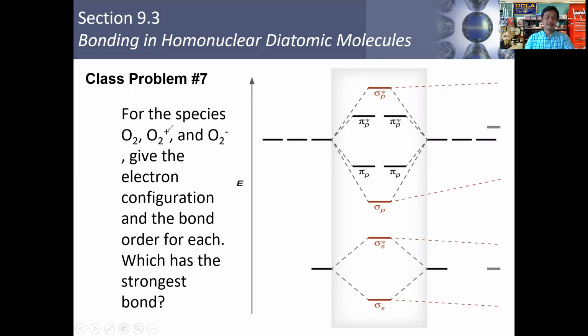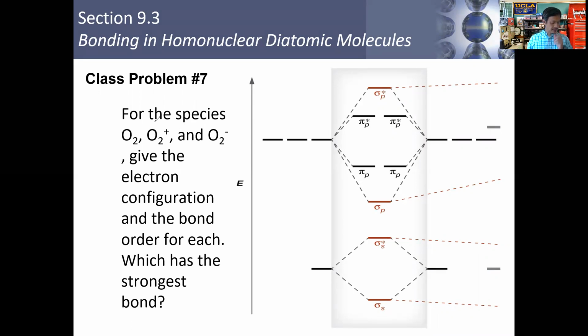Hopefully you recognize that with the O2 cation you have 1 less electron than the neutral form, and with the O2 anion you have 1 more electron than the neutral molecule. Essentially this is all hypothetical. We want to use this to determine bond strength and also bond order. Go ahead and work this one out really quickly, and let's see what you come up with.